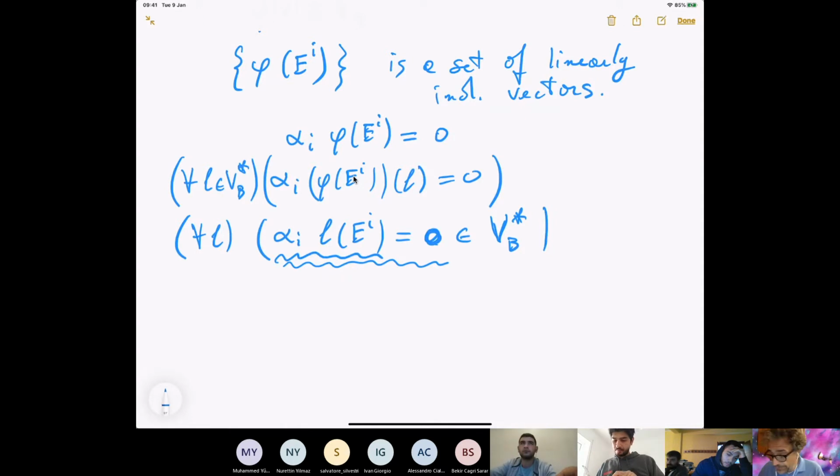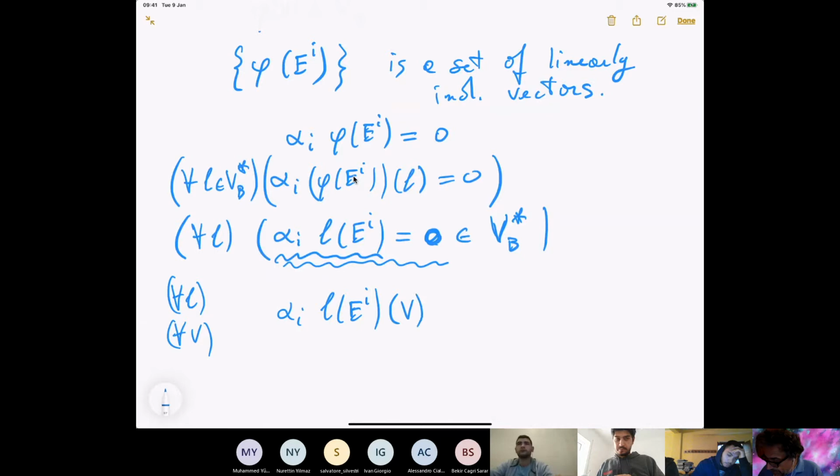So in order to conclude our reasoning, we must say that for every L and for every V, alpha I, L, E I applied to V is equal to 0. And now this 0 is what?